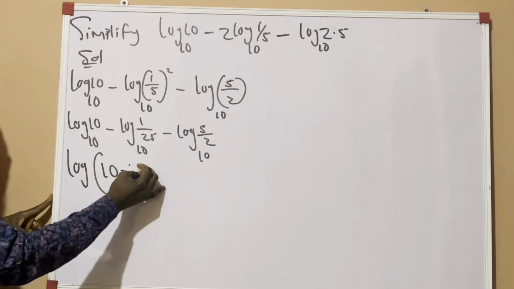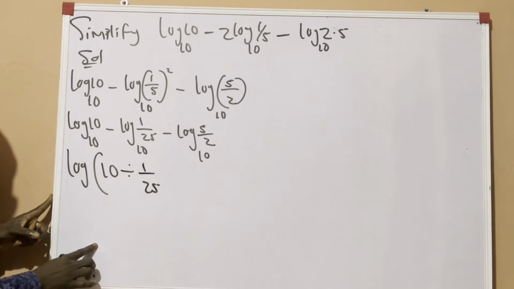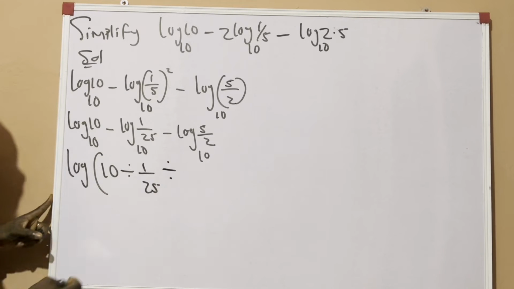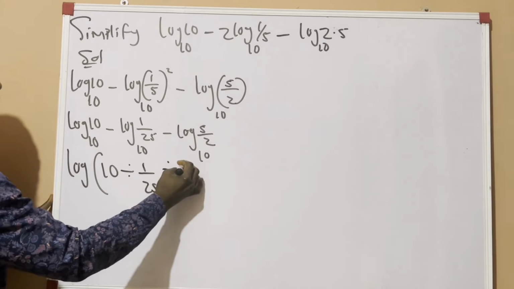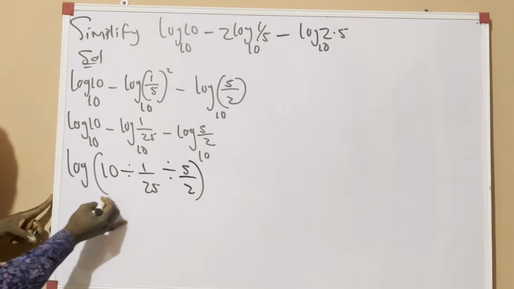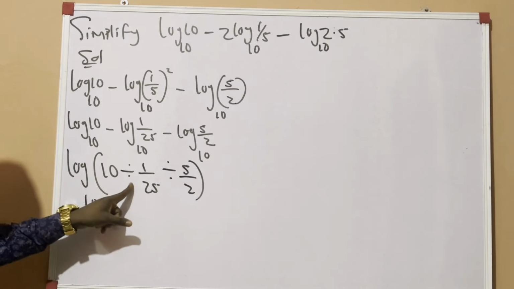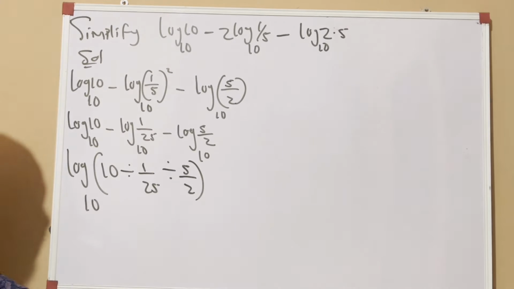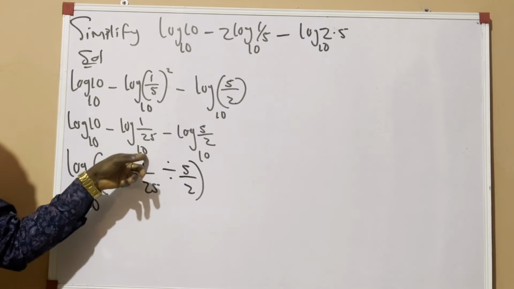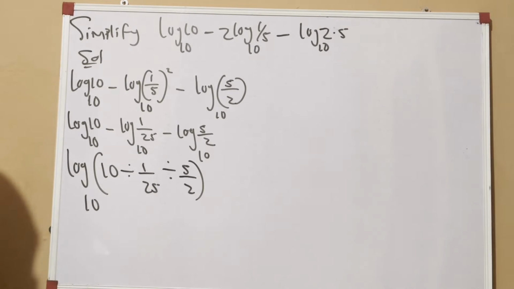What I have as my number here is 1 over 25. Again, minus becomes division. And what I have as my number here is 5 over 2, all to the base of 10. Are you with me? It is only possible for minus to become division when the bases are the same. So if I have base 10 here and base 4 here, there is no way it can happen. Okay, let's proceed.